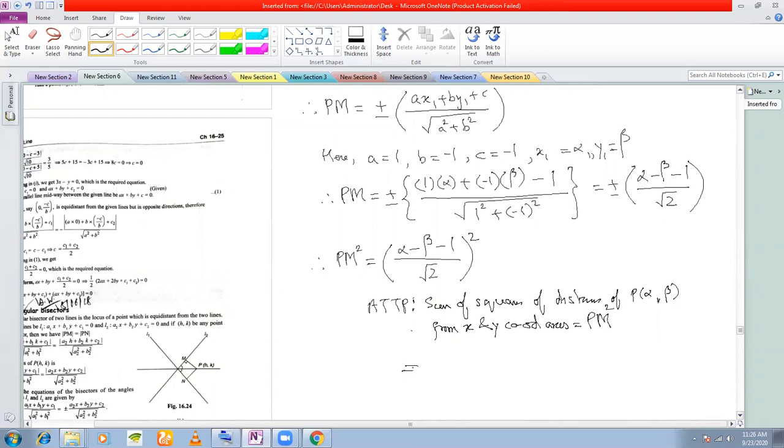So this will be alpha square plus beta square is equal to (alpha minus beta minus 1) whole square by 2.